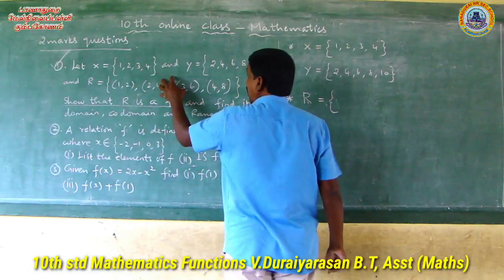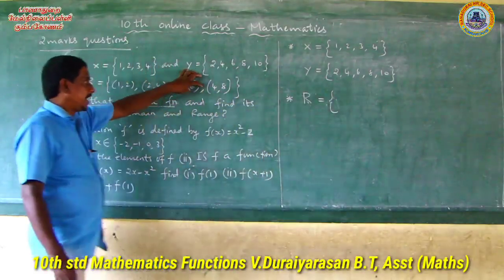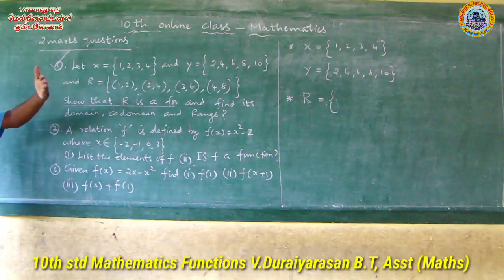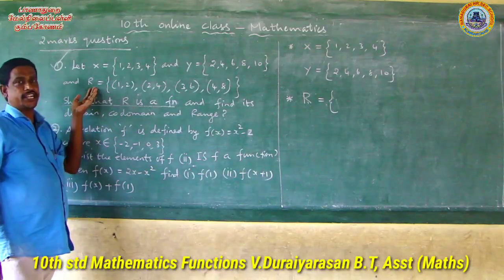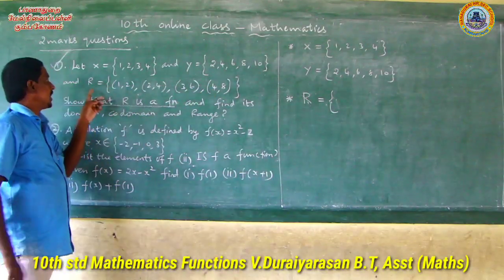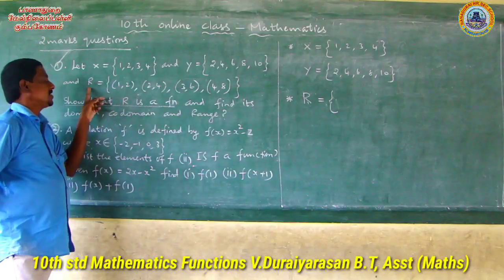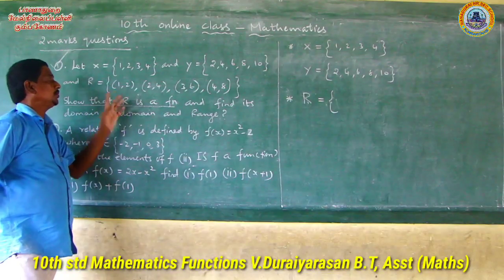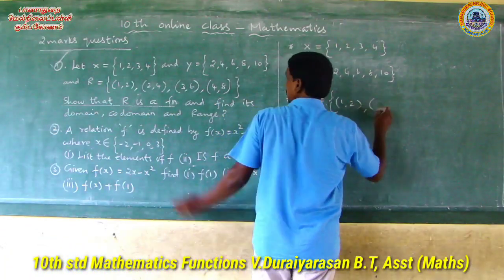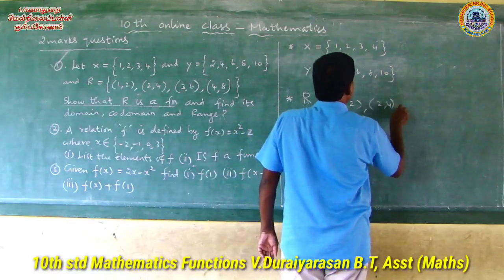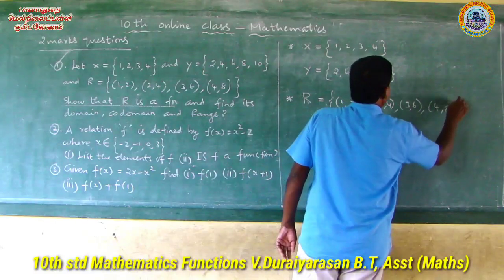This was already studied and explained in the first chapter, relations. This is a relation from X to Y. R is equal to {(1, 2), (2, 4), (3, 6), (4, 8)}.